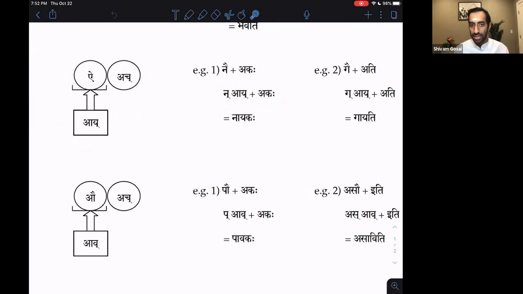Ni dhatu, to lead, becomes nai, takes vriddhi, and then nai becomes nay, so nayakaha.